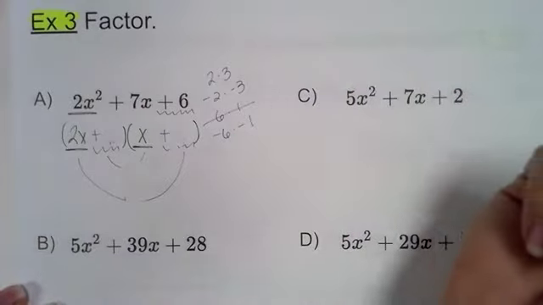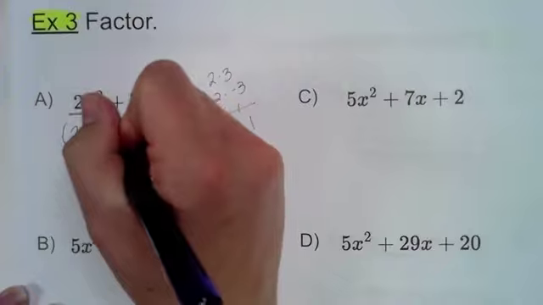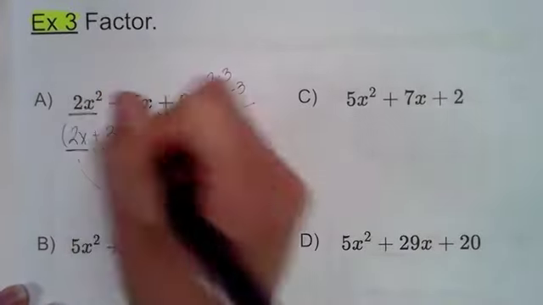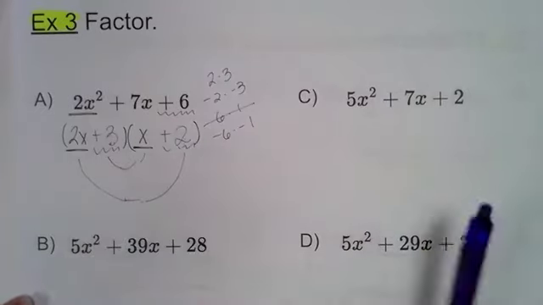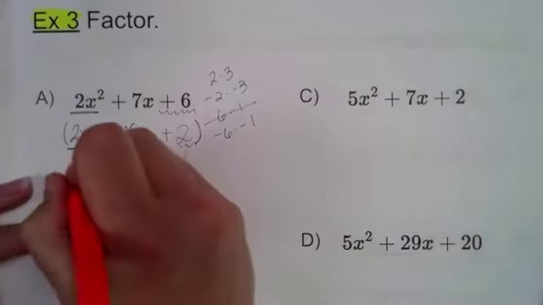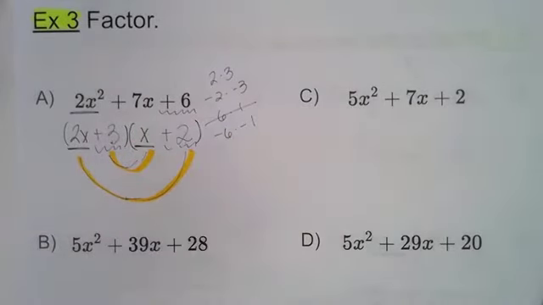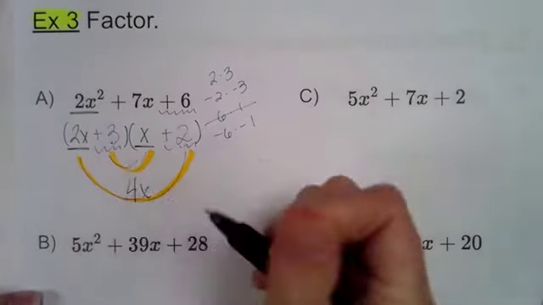What else do you want to try now? 2 and 3, for sure. Let's try 2 and 3. I'm going to put the 2 on the outside and the 3 on the inner piece here. Now, let's check our rainbow. 2x times 2 is 4x.